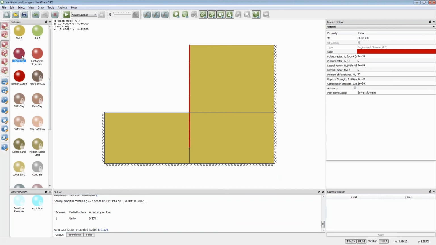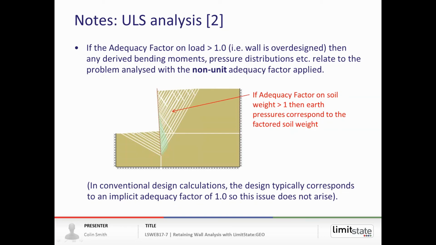So that's cantilever wall analysis, and if I just jump back to the PowerPoint, it's useful to recap on what I've just said. If we have an adequacy factor on load bigger than 1, for example, on the soil behind the wall, that means our wall is over-designed, then any derived bending moments and pressure distributions we get relate to that problem, analysed with that non-unit adequacy factor applied.